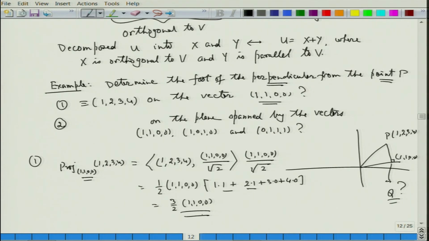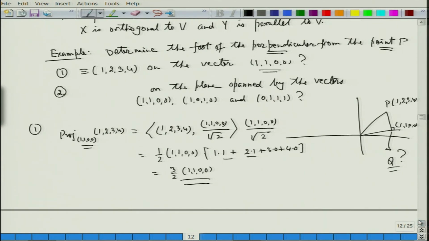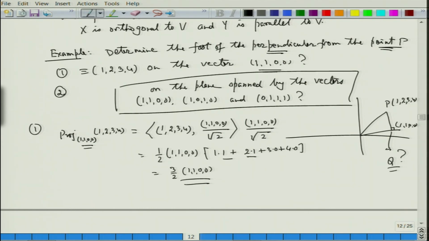So I have got this part. Fine. Now I want this on the plane spanned by this. So what do I mean by this on the plane? Fine. So there are two ways of going about it. One way is that, so let's try to understand geometrically first. Fine.